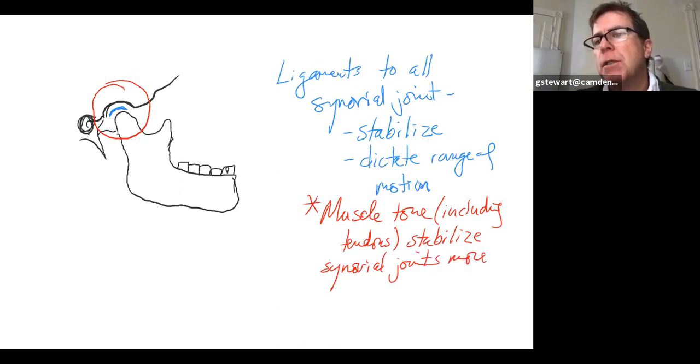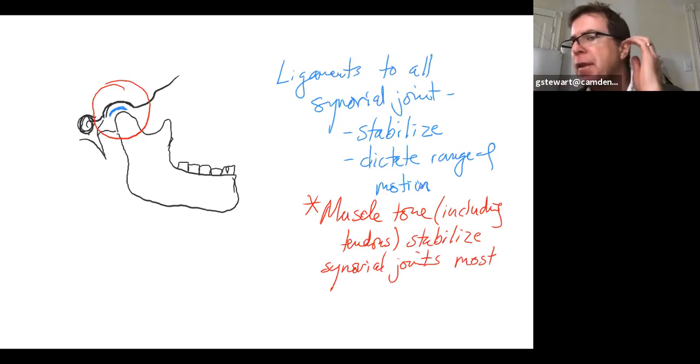I'll just put most. We know this from injury and physical therapy, that the more muscle tone you have in and around a specific joint, the much stronger that joint becomes.